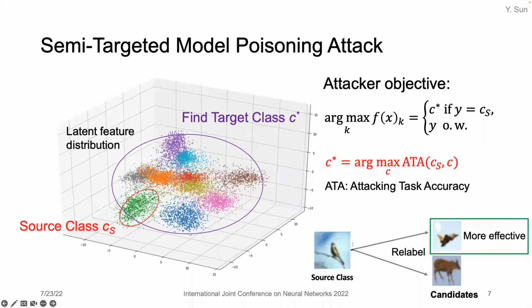Different from the targeted attack, in the semi-targeted attack the adversary can freely choose a target class so that the attack performance is maximized. The challenge here is how to find the target class optimized for the assigned source class, resulting in the best attack performance.